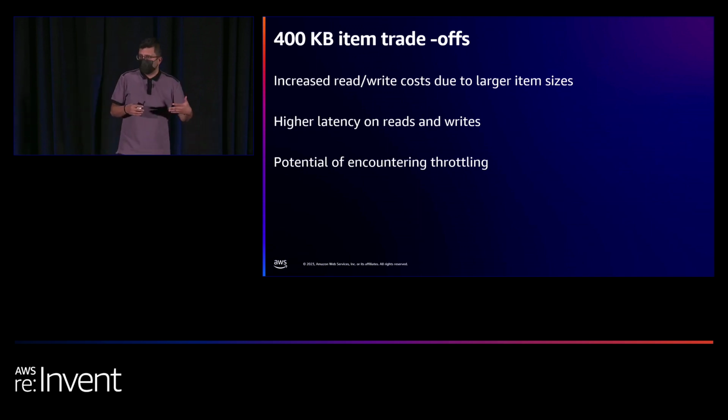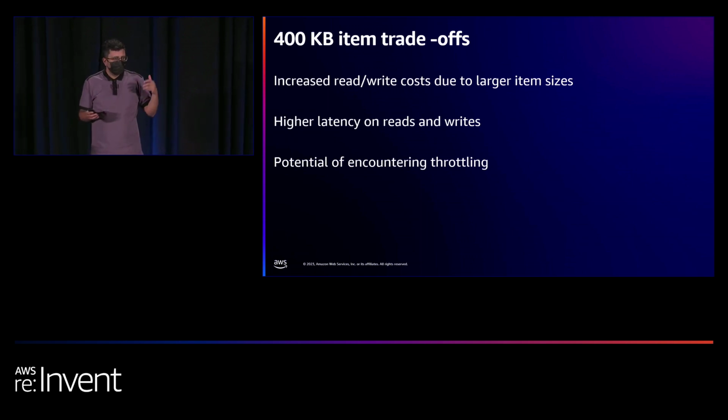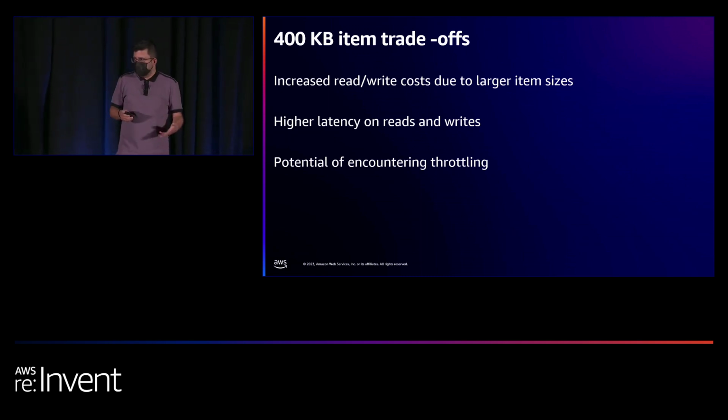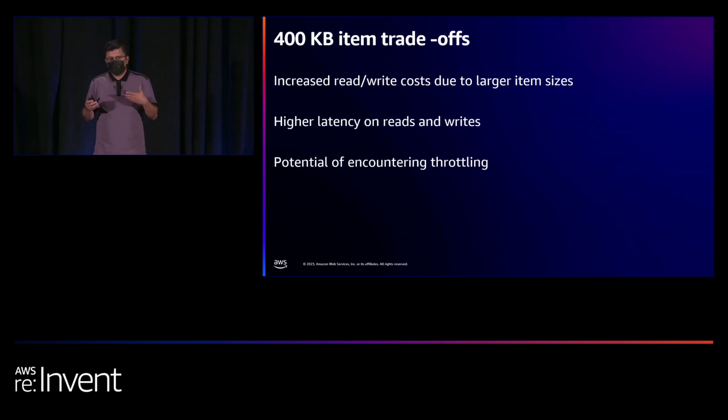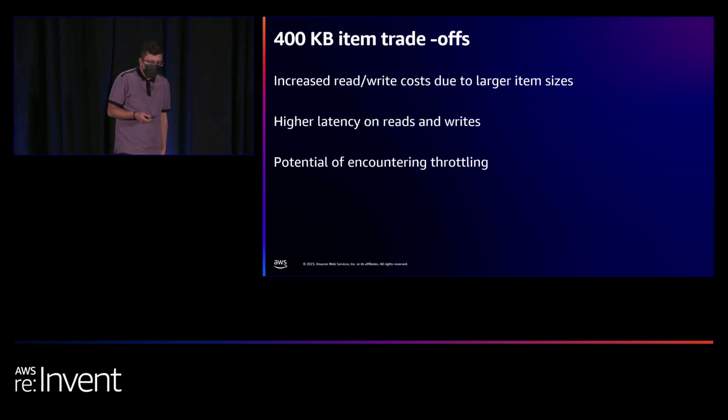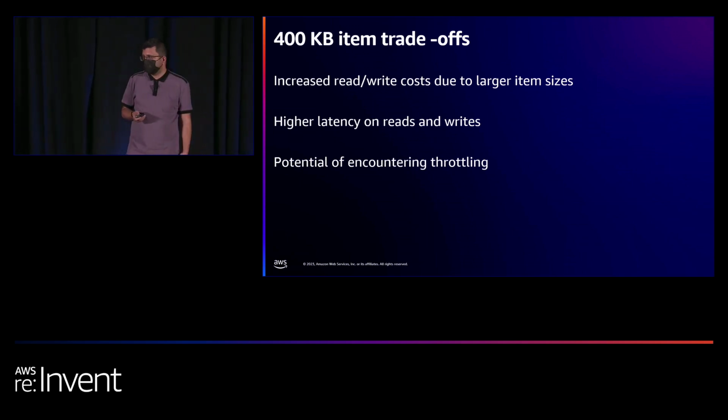But with a 400 KB item, things to keep in mind are that, since the items are large, it's going to increase your read and write capacity units, right? You're consuming almost 400 WCUs for a write and 400 RCUs for a read. It will also be higher on latency for reads and writes because you're moving a lot more data in a single call, and there's the potential of encountering throttling.